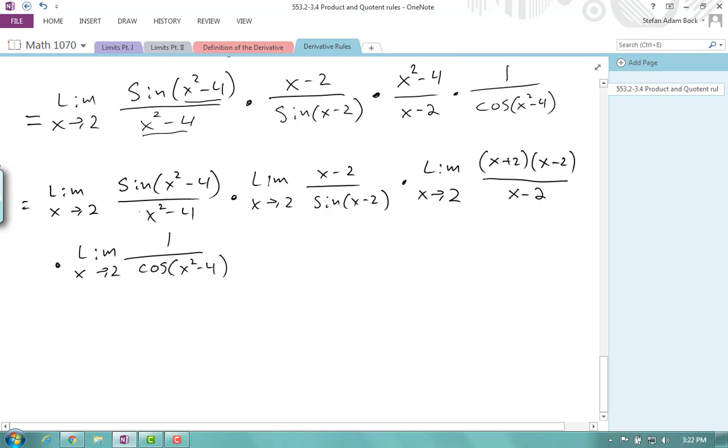This first one is equal to 1. I have 1 multiplied by the second one, which is equal to 1 with the same property.